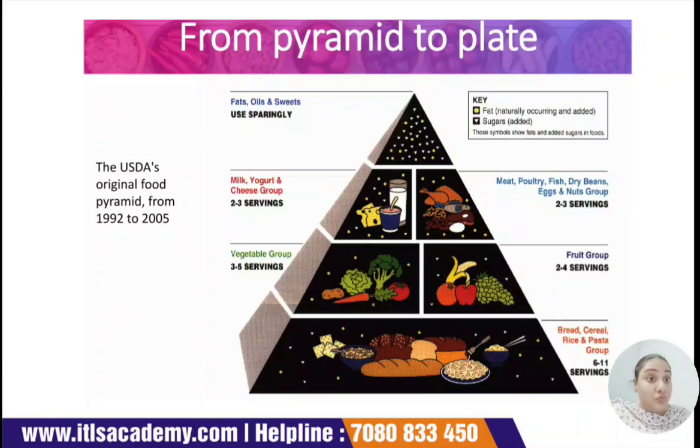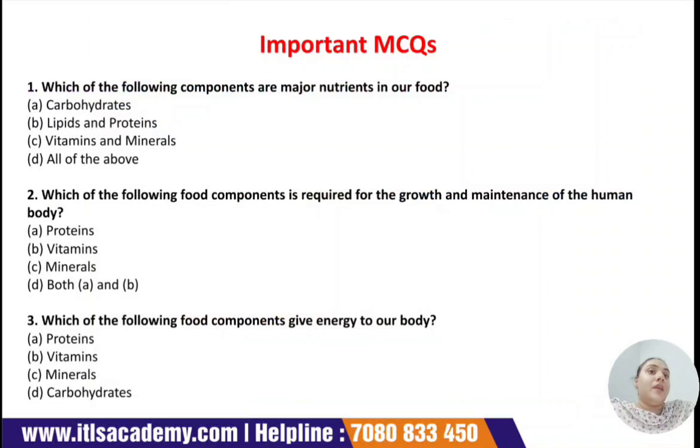Vegetables you should consume more. People consume different types of cereal, rice, pasta and everything on a daily basis, so they had 6 to 11 servings. In this way, it comes from the pyramid to the plate.